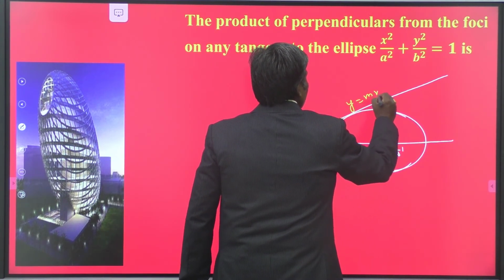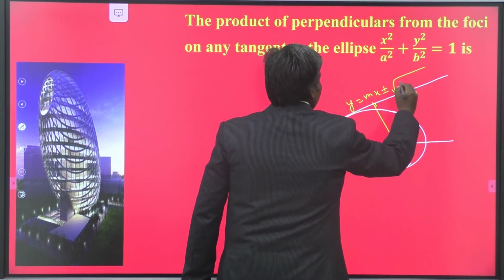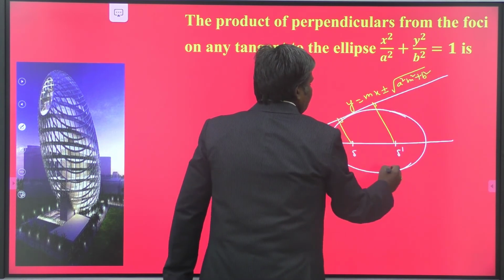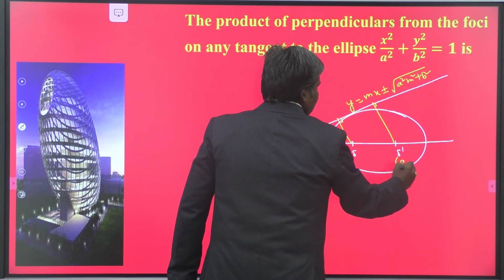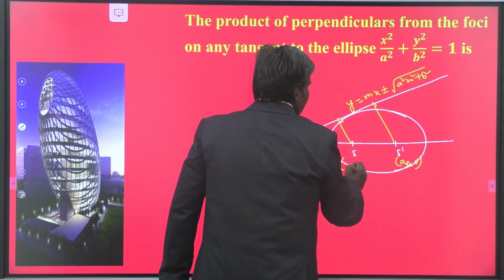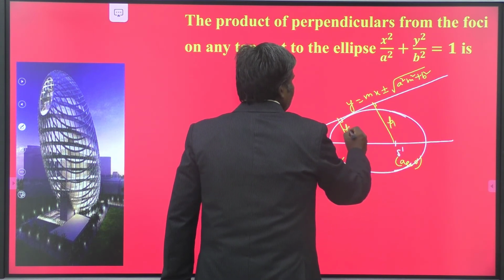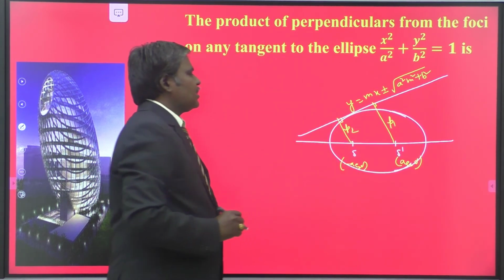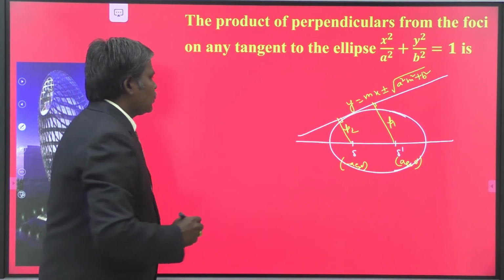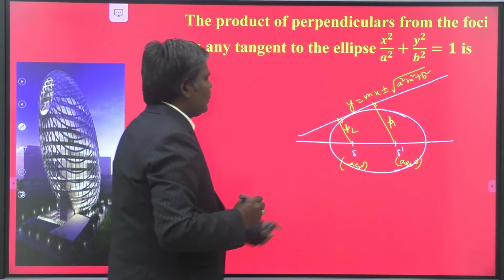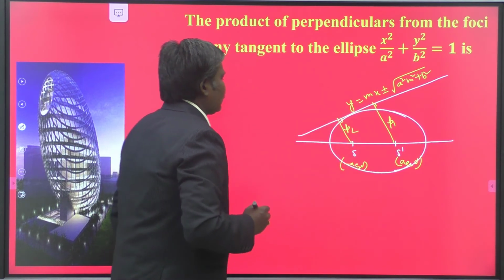Y is equal to mx plus or minus root of a square m square plus b square. The foci are AE comma 0 and minus AE comma 0. Suppose this perpendicular distance is P1 and this is P2. Now P1 is the perpendicular distance from AE comma 0 to that line.